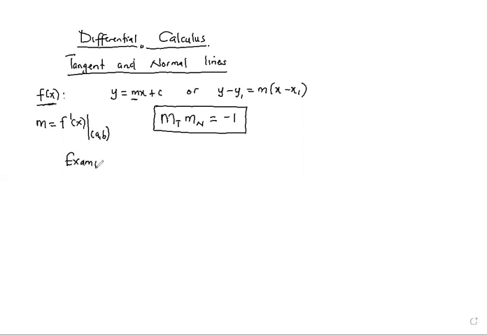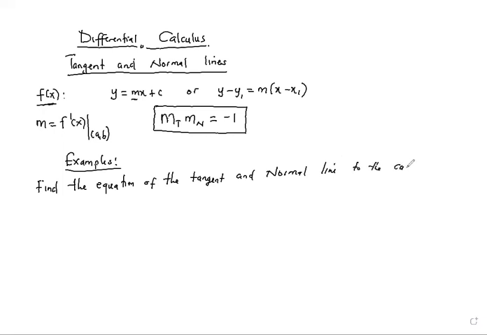Examples. Find the equation of the tangent and normal line to the curve x squared plus y squared is equal to 1 at the point... Maybe I bend it a bit.